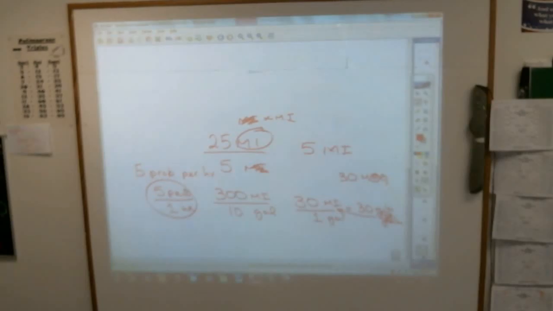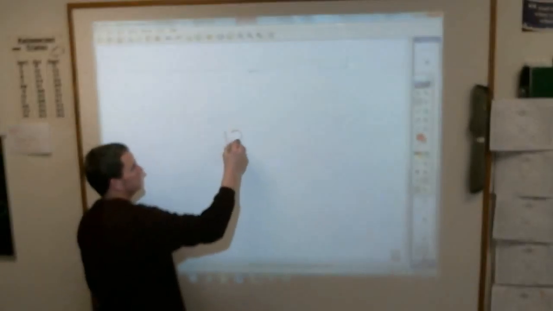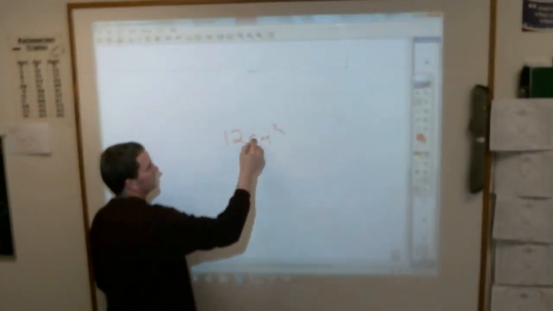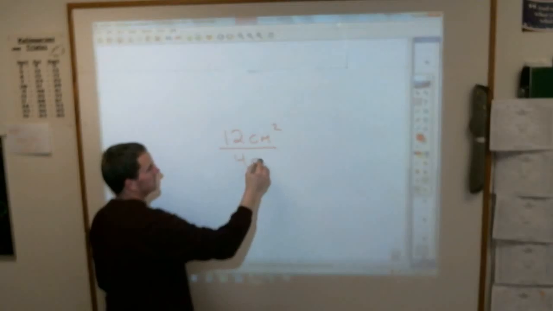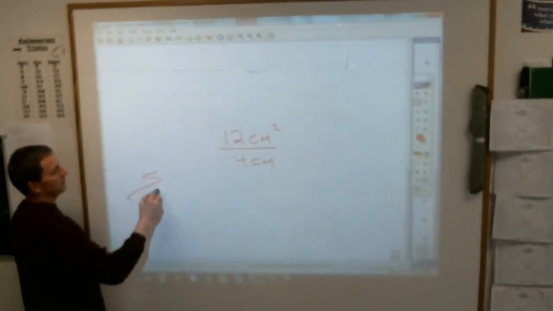What else can we go with here? What would you get if you had 12 centimeters squared over 4 centimeters? And I asked you to simplify that.